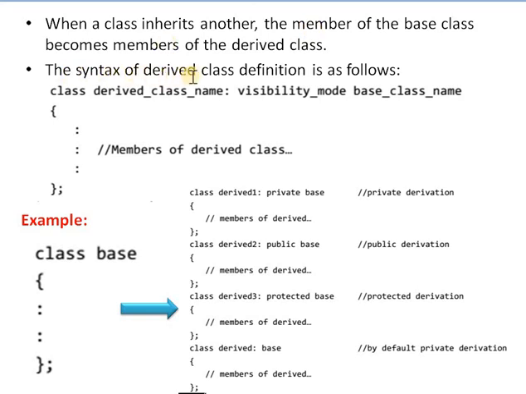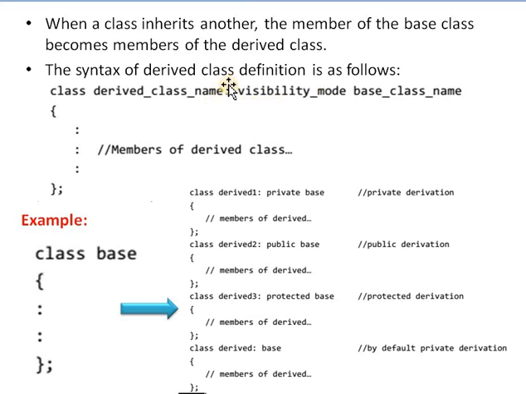The syntax of derived class definition is as follows. First we use the class keyword, then the derived class name, then a colon, next the visibility mode, and after the visibility mode the base class name.